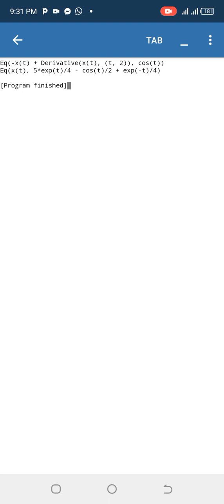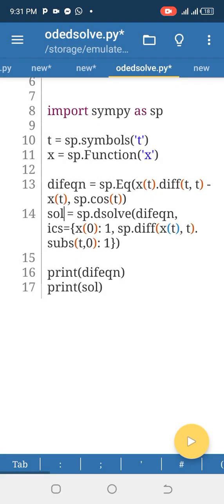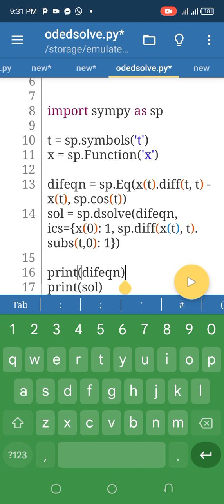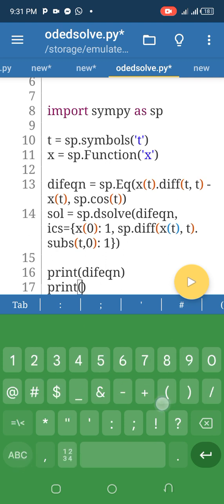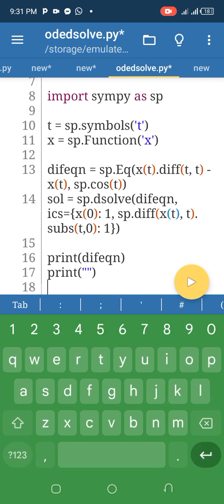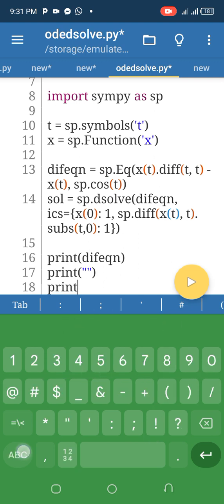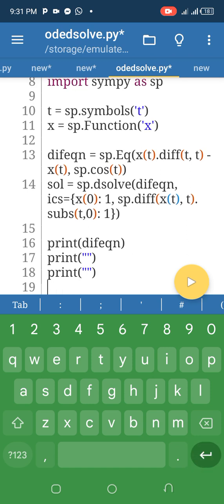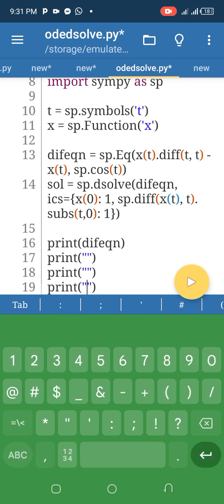Maybe I can create a gap in between these two to show a spacing between them. So I can say print, I put that, then I also say print, I say that, then I say print, I put that.